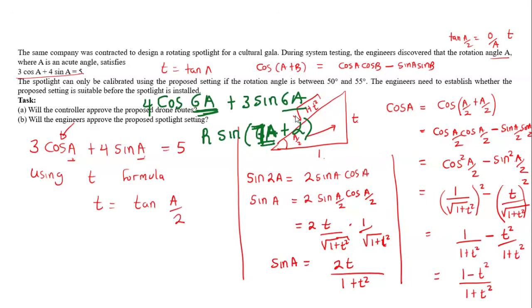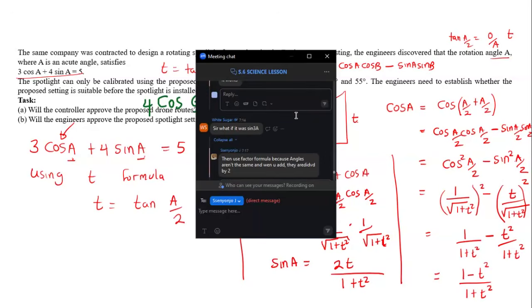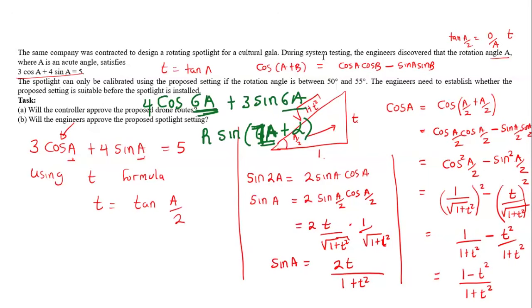I'm looking through the chat. Senyonja has asked, what if it was sine 3a? Still, you can use the R formula or you can use that. But for sine 3a, you have to expand it in that format. But if the angle is, let me say, 2a, then the best formula to use is R. Now you need to know where you can use this.